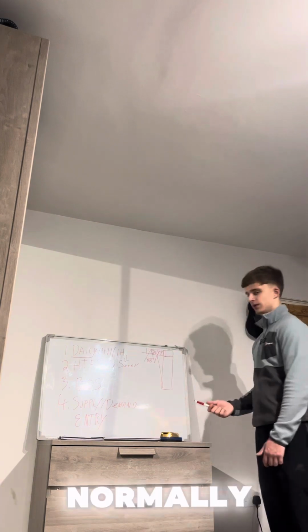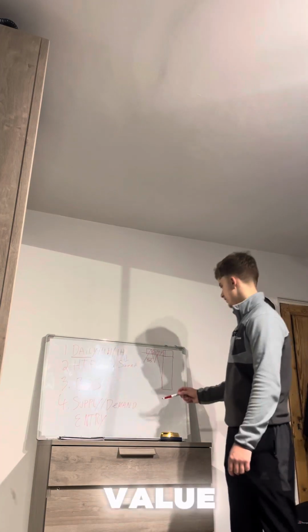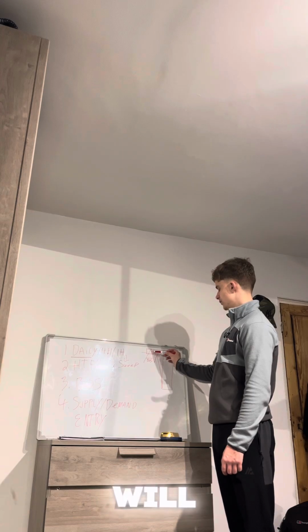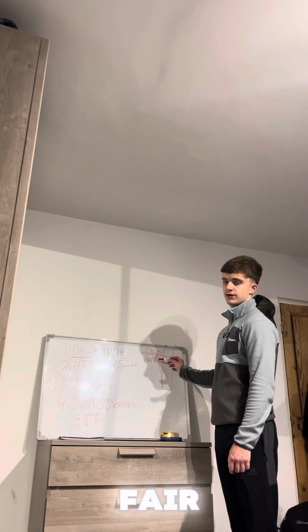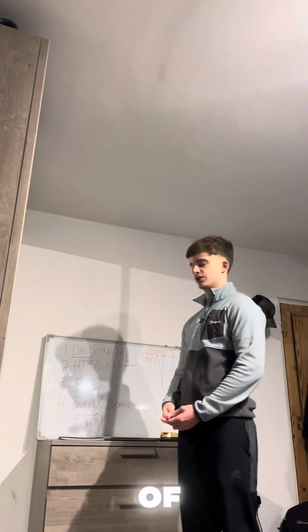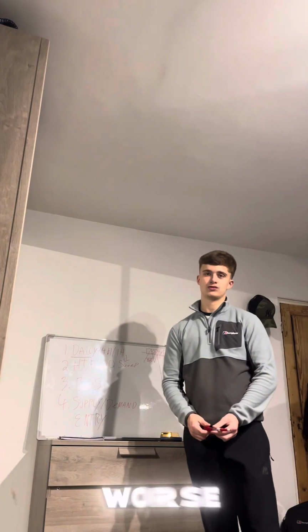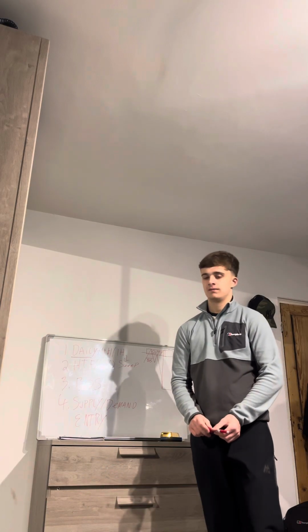Normally, using supply and demand over a fair value gap entry is way better risk to reward, because instead of waiting, a fair value gap would be like here. We'll have a big displacement, break of structure, and then it will leave behind a fair value gap. But the reason I changed my strategy is because I started realising that most of the time these fair value gaps aren't actually holding, and I was getting worse risk to rewards and a lower win rate with fair value gaps.